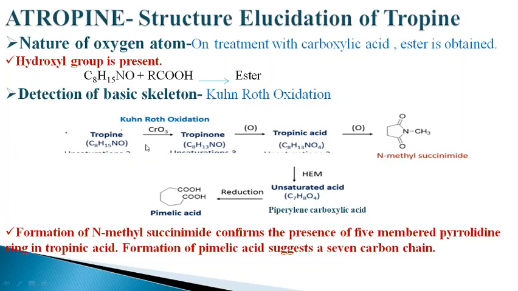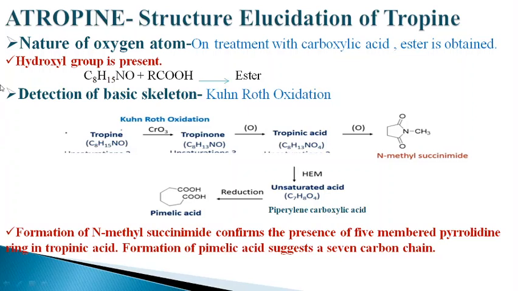Two hydrogen atoms are less in tropinone, and nitrogen and oxygen are the same. In this oxidation, the secondary hydroxyl group which is present is converted into a carbonyl group, meaning secondary alcohol on oxidation forms a ketone. This is the inference drawn from this reaction.